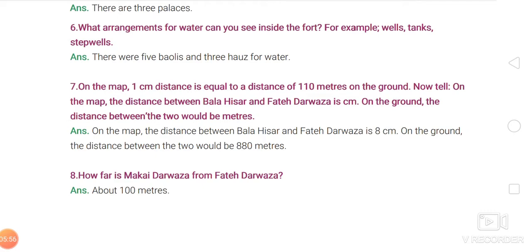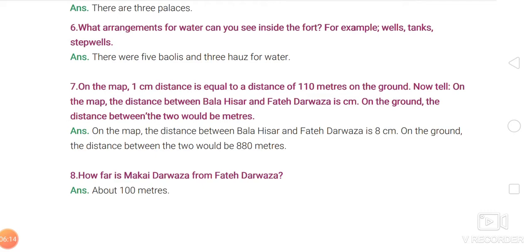Fine. So 8 centimeter will denote 880 meters. Why? Because we will multiply 8 centimeter with 110. So 8 is multiplied with 110. So we get 880 meters.